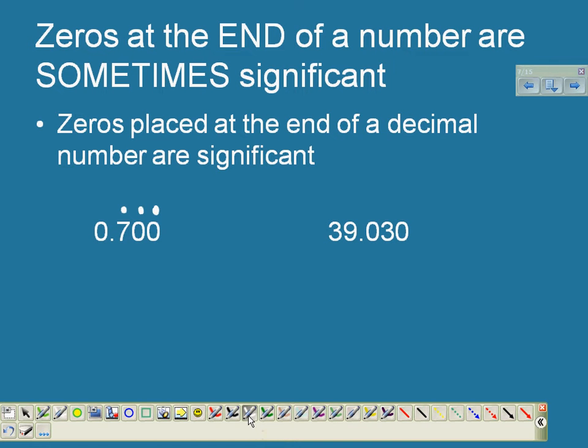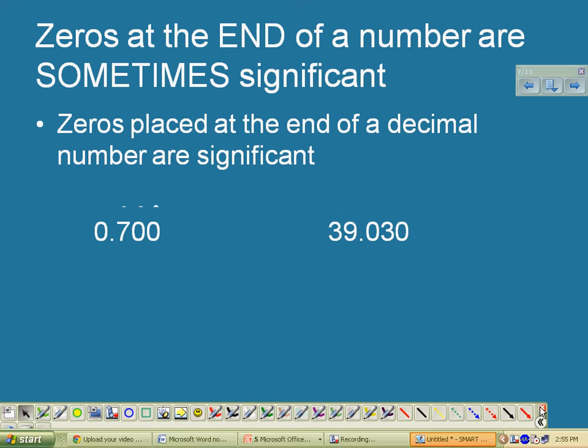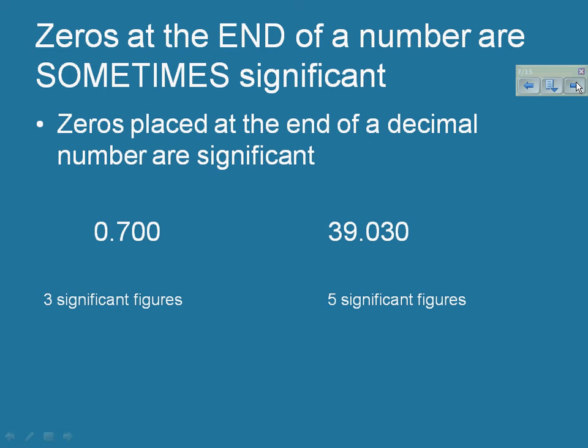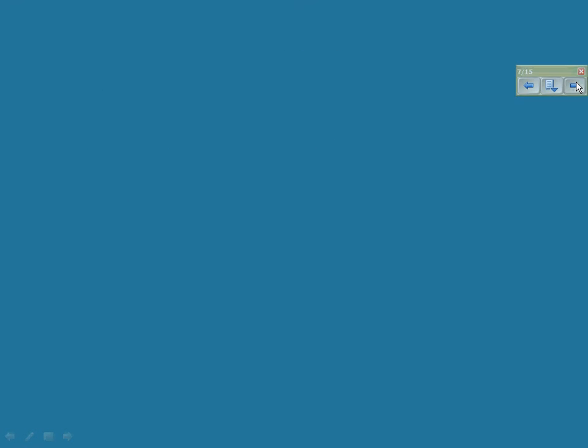How many Sig Figs? With 39.030, start with the 3, count to the end of the number because the decimal is present. Three Sig Figs in 0.700, 5 in 39.030.